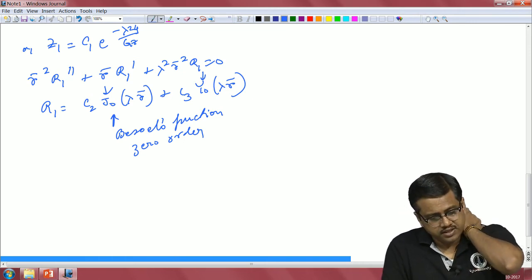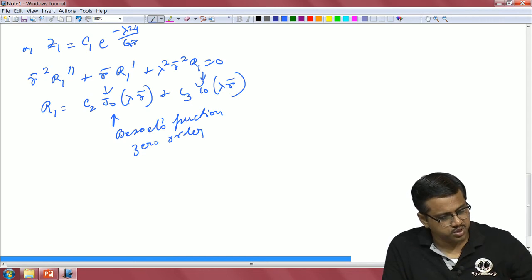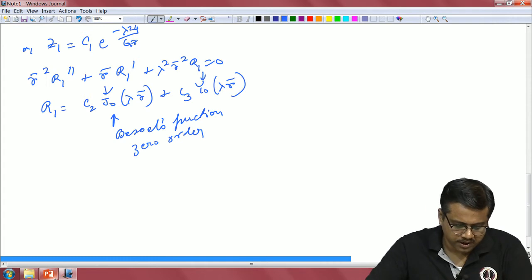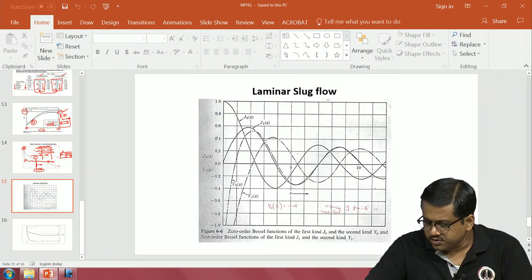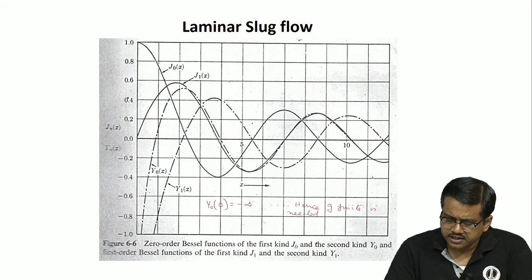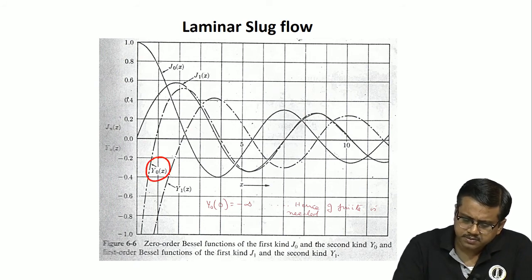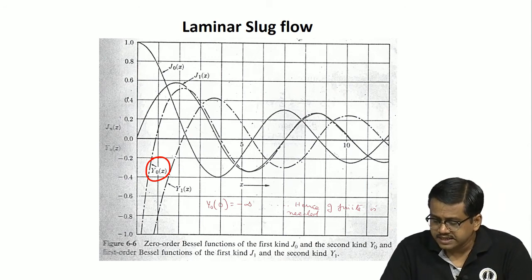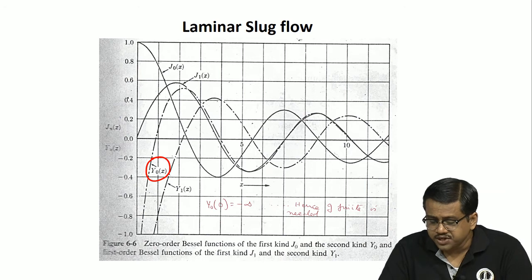But once again, one interesting thing about this particular solution is that let us look at the companion PPT. If you look at a situation like this, where we have plotted the functions, I have marked a few things over here. As you can see, Y is the second kind, and at 0 it goes to minus infinity.